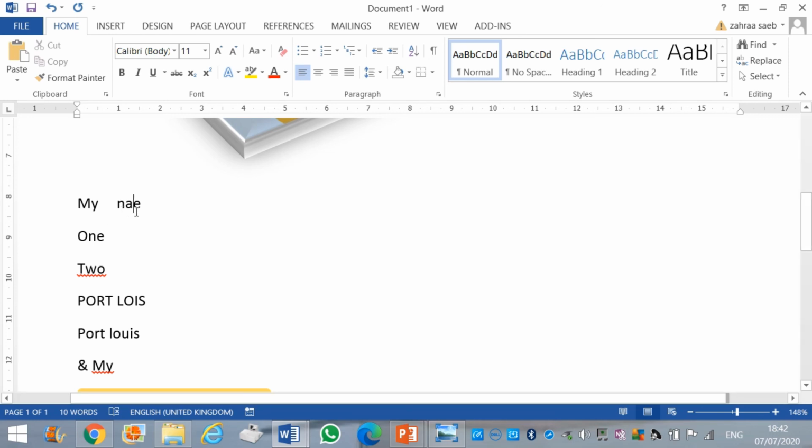If I press backspace here, A is on the left hand side, E is on the right hand side. If I press backspace, it will erase A. If I press the delete key, it will erase E.